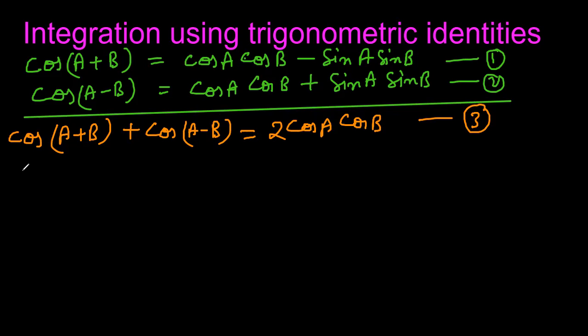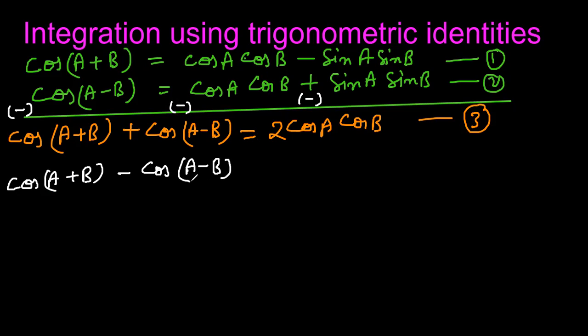And when we subtract these two equations, we would be getting cos of A plus B minus cos of A minus B is equal to, now these two get cancelled, and this is negative, this is also negative.